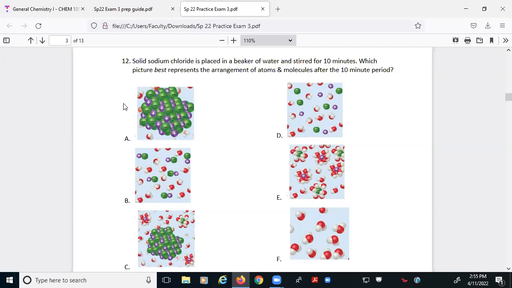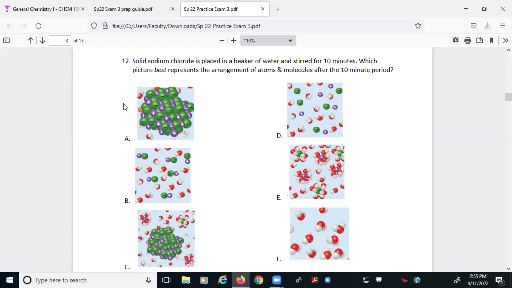So after stirring for 10 minutes, if this is something that is going to dissolve, and we would hope sodium chloride dissolves pretty well in water, we're going to see it break away from its crystalline state.